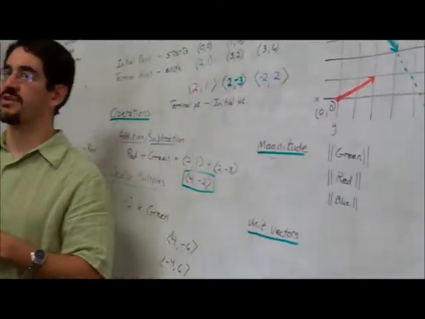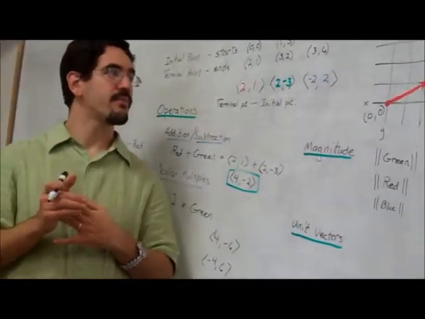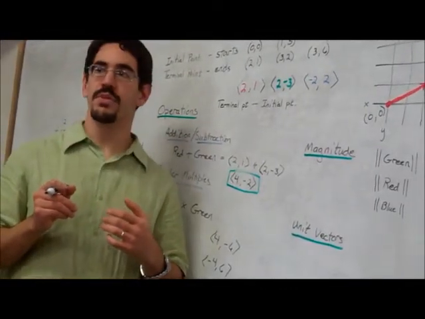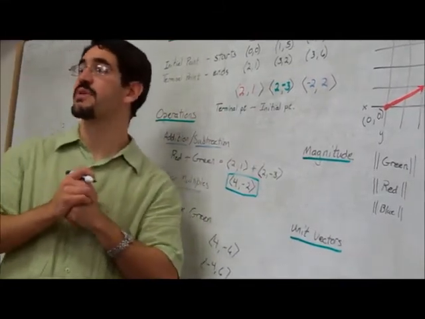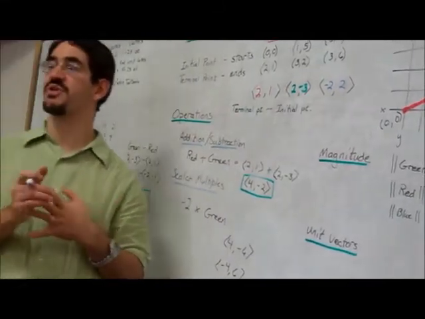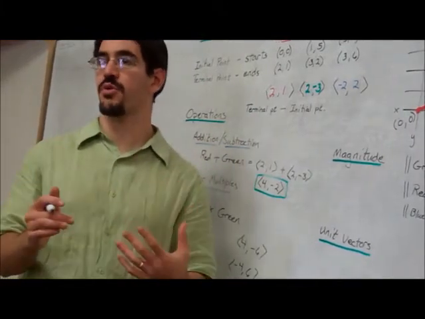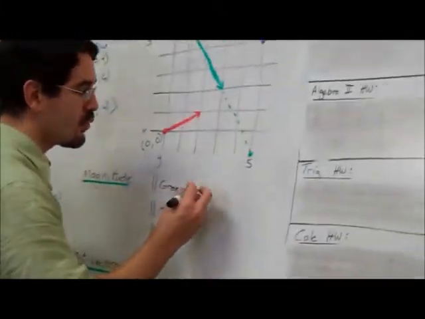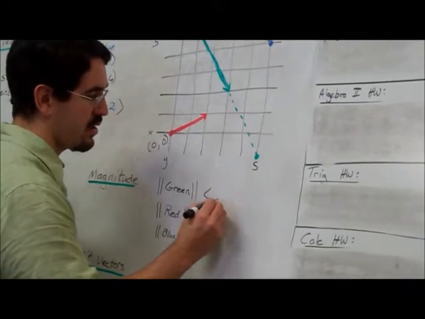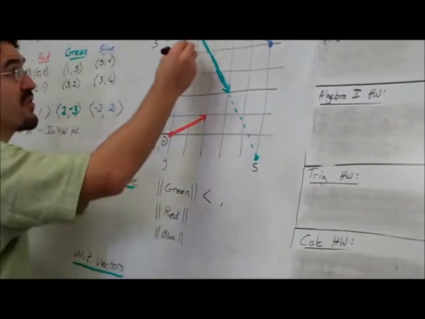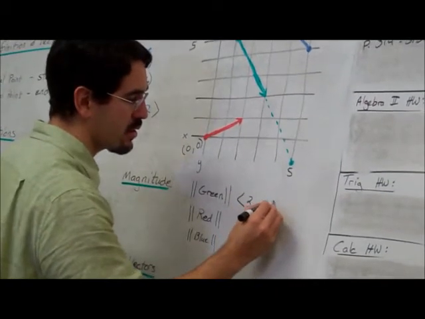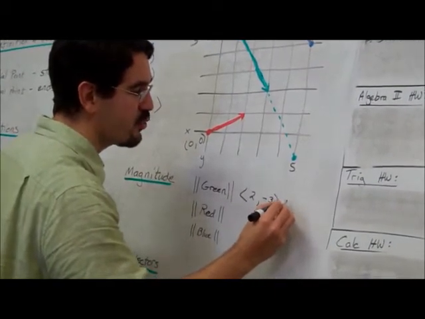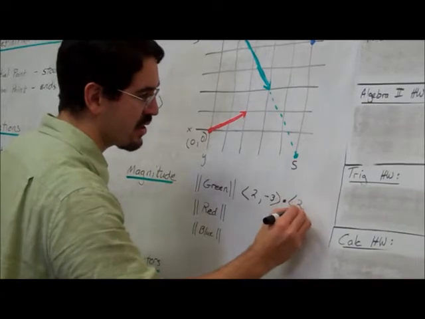So we have these 3 magnitudes. How do we find them? You could use the Pythagorean theorem. I'm going to show you the way we typically do this and the notation we typically use when we're starting to work with vectors. We take the ordered pair form, which in this case was 2, -3, and we do what we call a dot product.